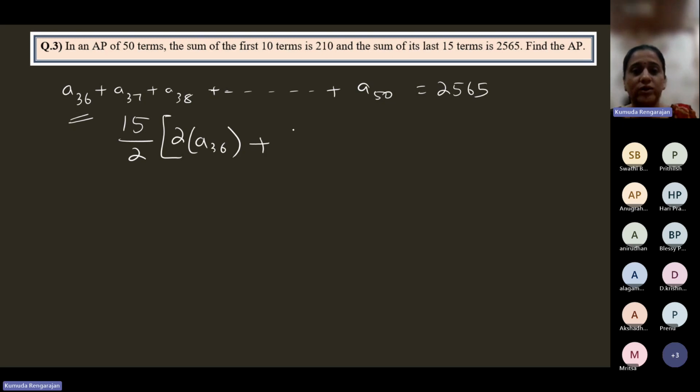2A plus N minus 1. What's the value of N? 15 minus 1 into D. D we don't know because we don't know the AP. Is equal to 2565. And what is A36, children? What's the expression for A36?